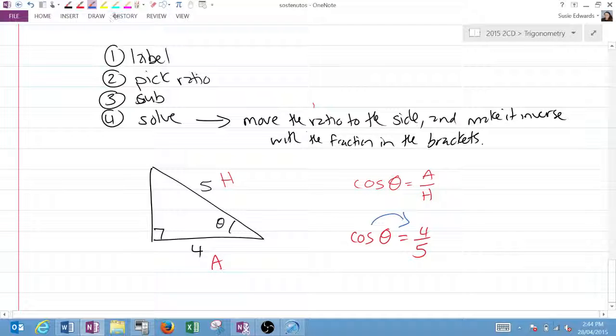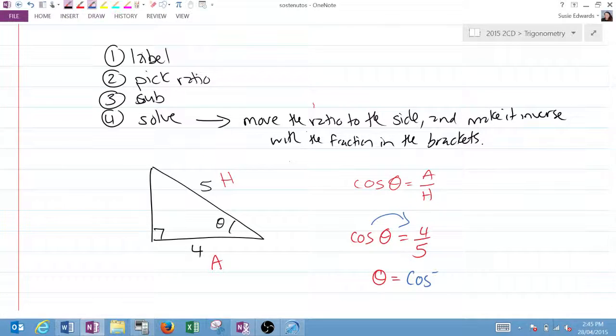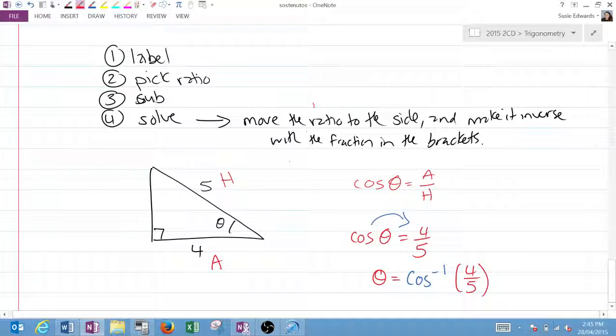So we end up with our angle equals cosine -1. That's how we moved it to the other side. And then in brackets, we leave the fraction exactly the same. Sorry, I just did that in red. So to move the cosine to the other side, it becomes inverse. And we just put it next to the bracket, next to the fraction.